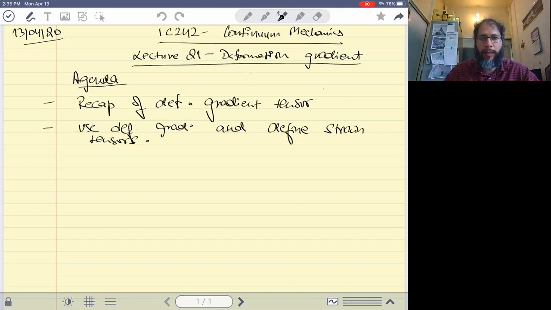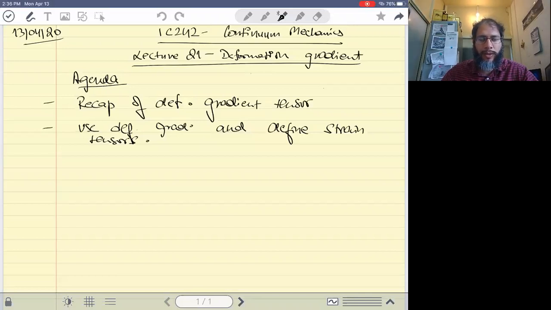So remember that the aim here is to be able to quantify deformation, because if you remember, in the previous chapter we talked about stresses. We talked about how external forces on a certain body can result in the internal stressing of the body. And now we are trying to understand how to quantify the deformation of the body, which is in most cases caused by these external forces which are causing internal stresses.